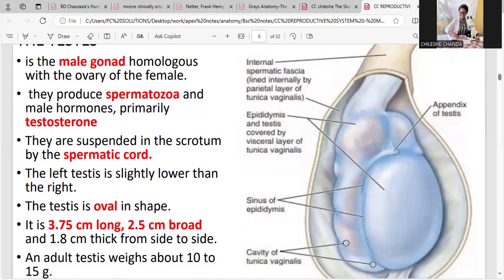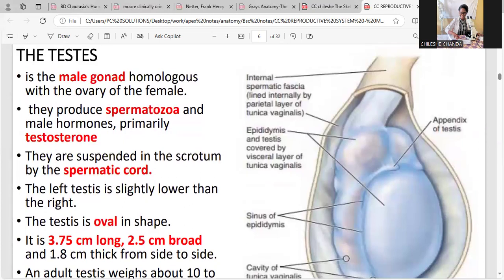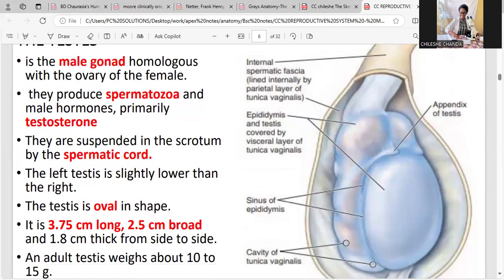So firstly, we're going to start with the testis. And we're saying the testes are the male gonad, okay? Meaning they are the male endocrine organ of reproduction, okay?